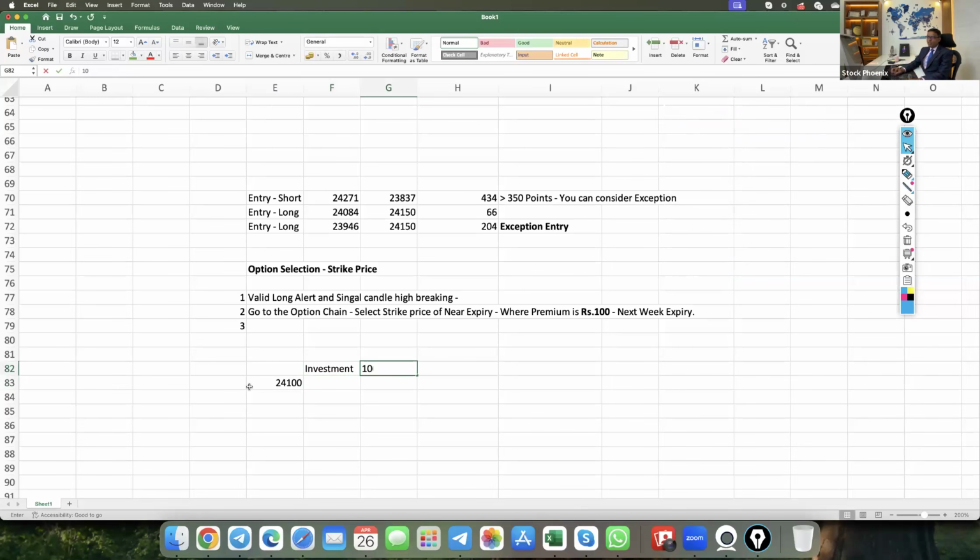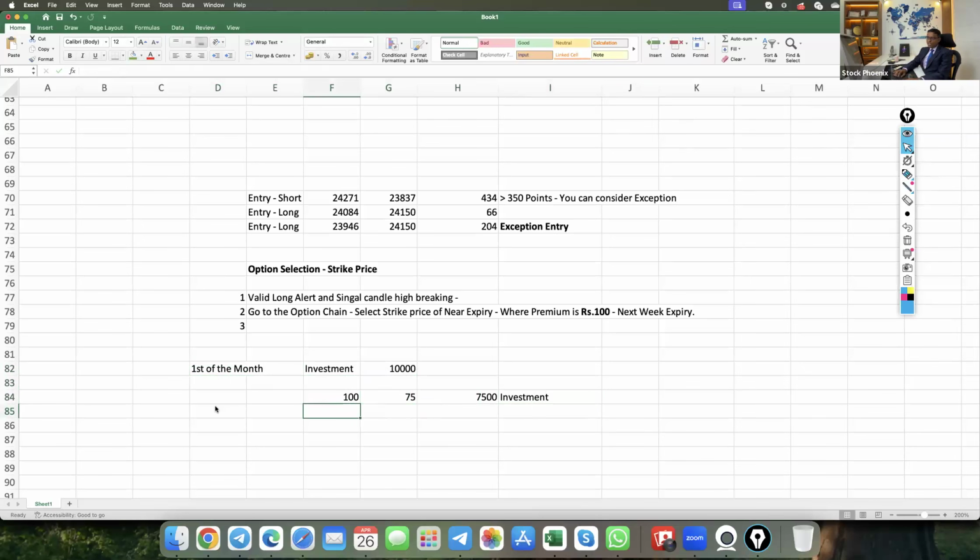Now keep an investment of 10,000 rupees in your account. This is first of the month. A premium of 100 rupees into one lot, your investment is 7,500.